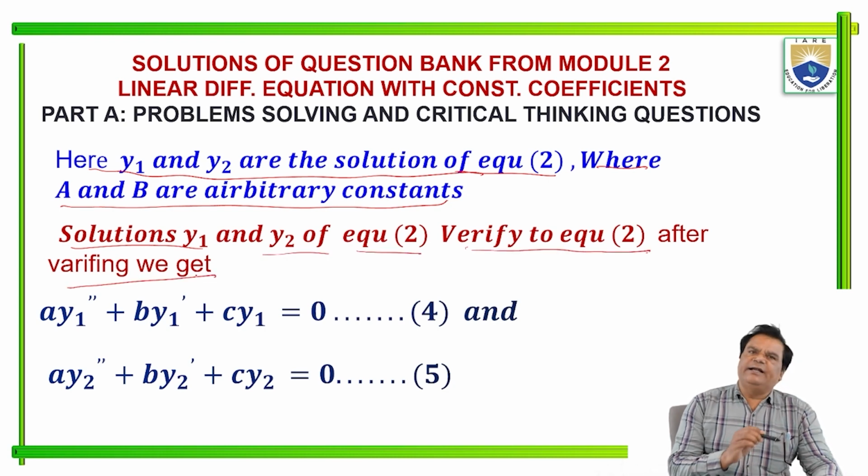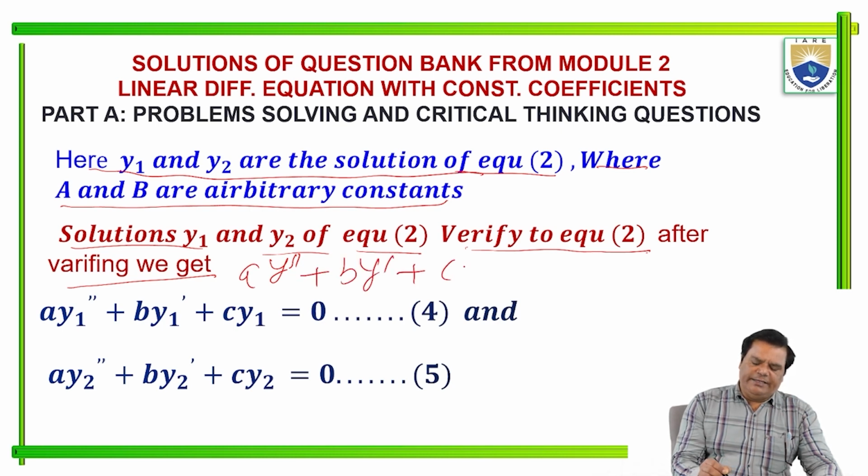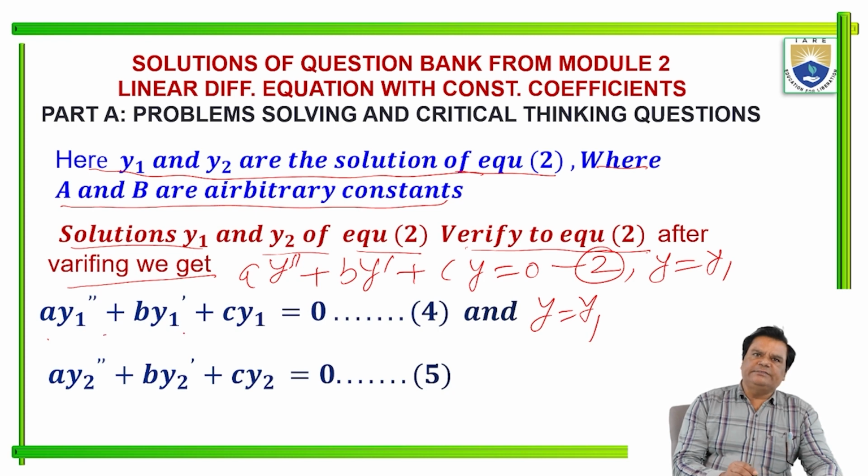After verifying, we get: putting y1 in place of y in equation 2, we get a y1 double dash plus b y1 dash plus c y1 equal to 0.